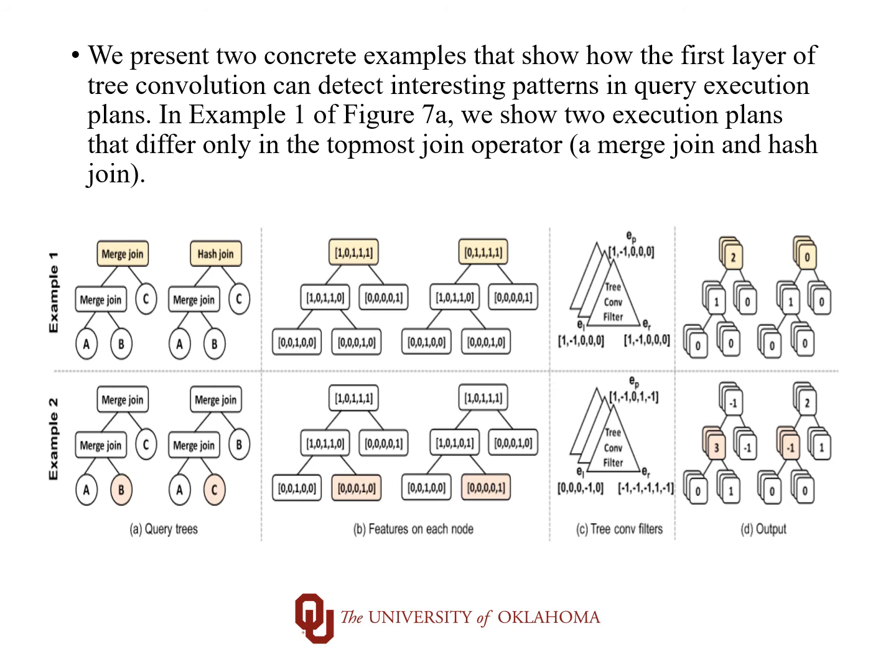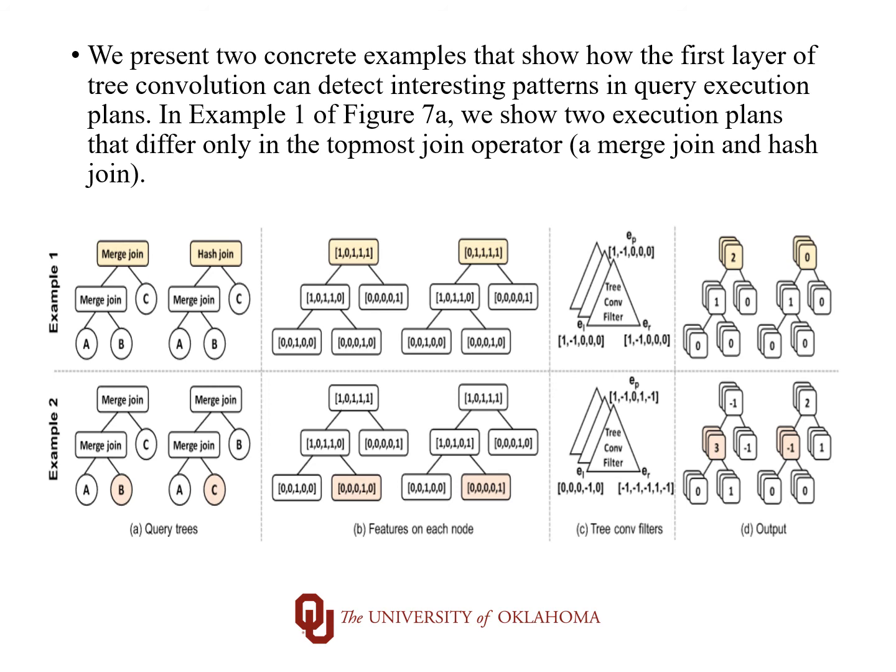And in example 2 of figure 7, suppose tables A and B are sorted on the same key and are thus ideally joined together with a merge join, but C is not sorted. The filter shown in figure 7C bottom serves as a detector for query plans that join A and B with a merge join, behavior that is likely desirable.